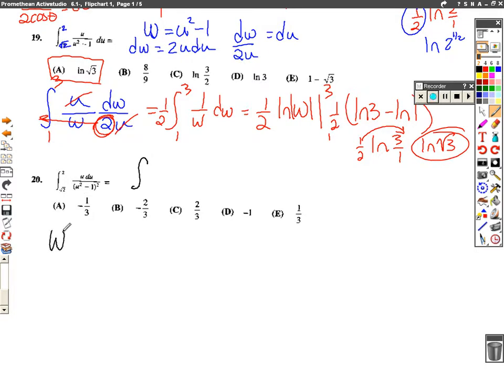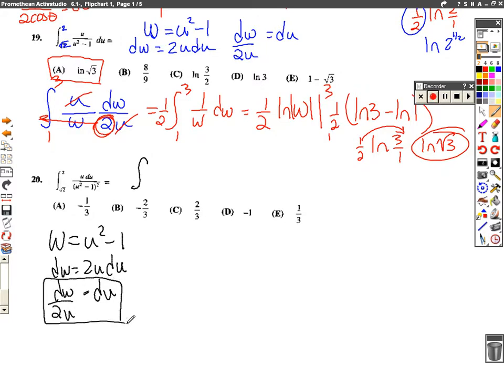So I'll go through the same motions. W is u squared minus 1. dw is 2u du. du is therefore dw over 2u. Alright, let's plug this in so it becomes the integral of u over w squared now, dw over 2u.